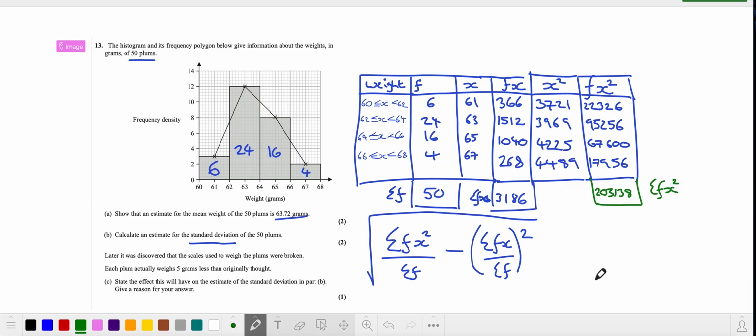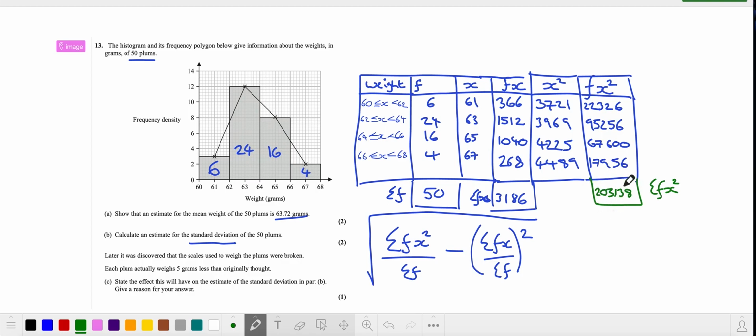Okay, that sounds about right. So I'm just going to check my adding up one more time. 22,326 plus 95,256 plus 67,600 plus 17,956. Yeah, still get the same answer. So fingers crossed that is the right one.